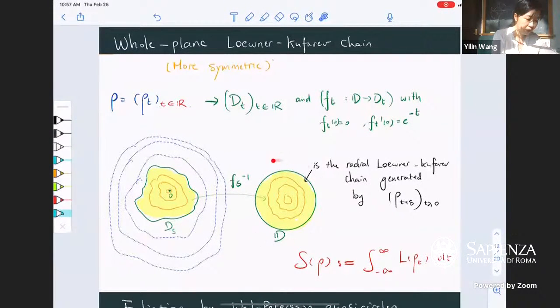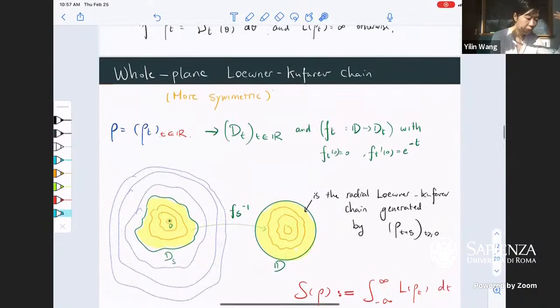But outside, they will just be concentric circles. So if we just look at the positive ones, you obtain what is inside, but the negative ones are given by concentric circles. So the disk case is somehow a special case of this whole plane version. That corresponds to having zero energy for negative time. Zero energy corresponds to uniform measure.